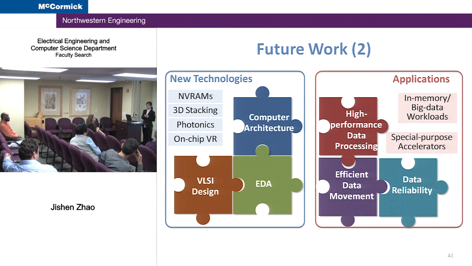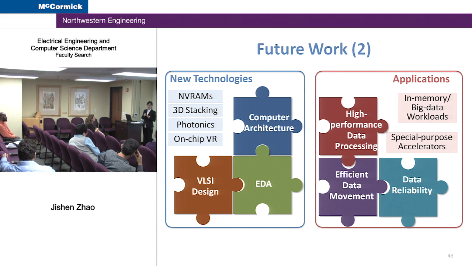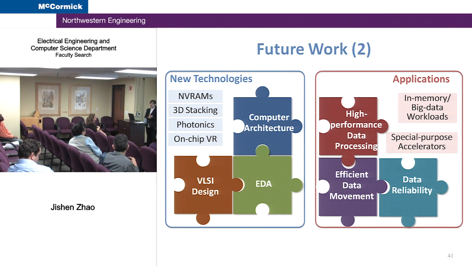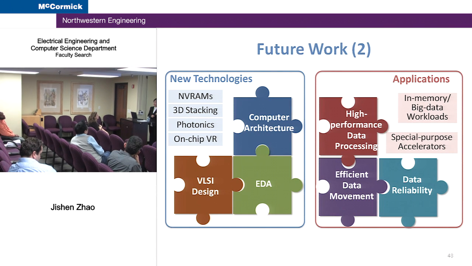Now I'm going to compare three memory technologies: STT-RAM, phase change memory, and memristive RAM, called ReRAM, resistive memory. STT-RAM has sort of the best performance, both reads and writes. ReRAM, I would say, is in the middle.